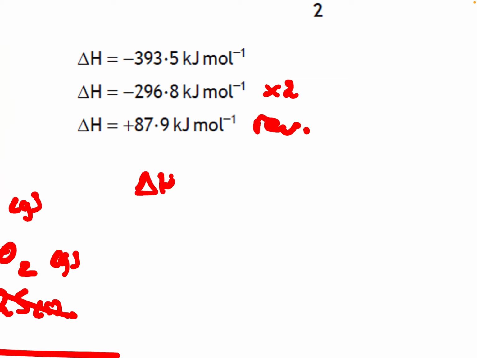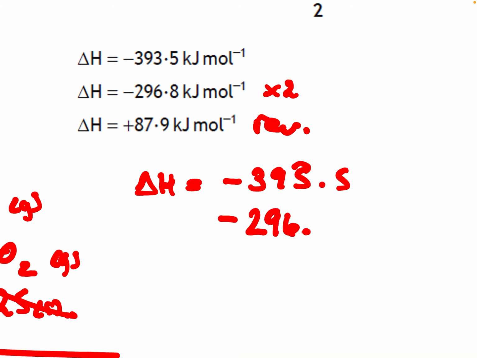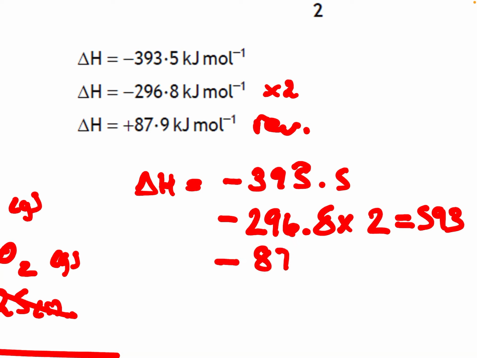Our enthalpy change then is going to be minus 395.5, sorry, and then it's going to be 296.8 times 2, which gives us 593, and then it's going to be, because that was plus 87.9, it's going to become minus 87.9.